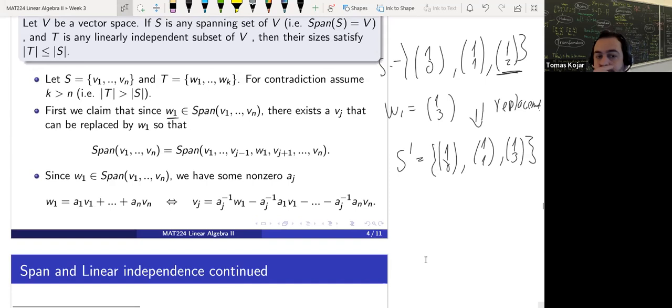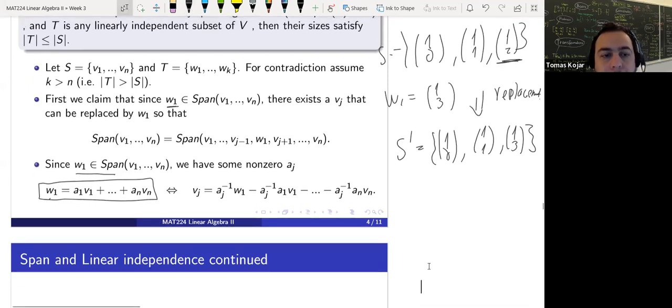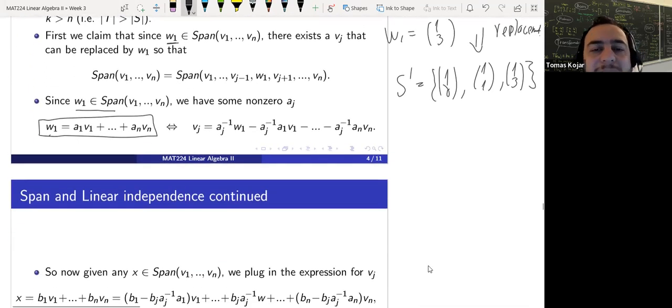All right, so how do you do this? Since W1 is in the span, you can write it as a linear combination over here. Since it's a linear combination, there exists at least one non-zero Aj. If they were all 0, then it's not a linear combination.